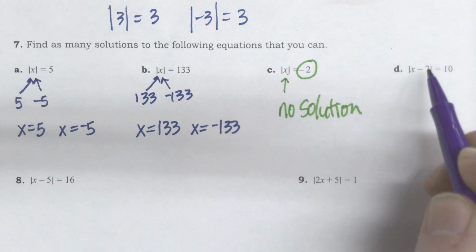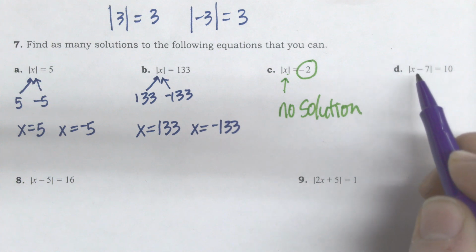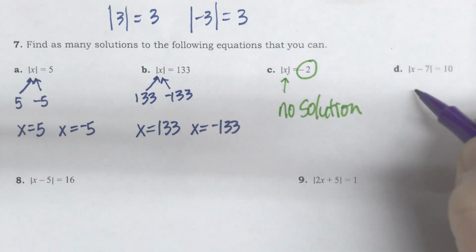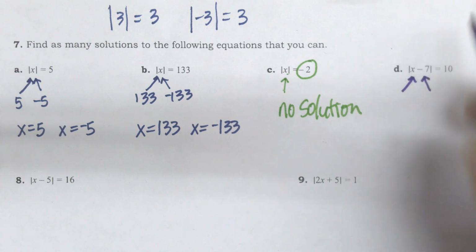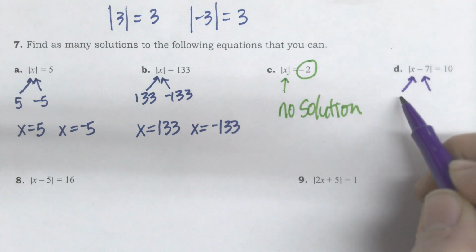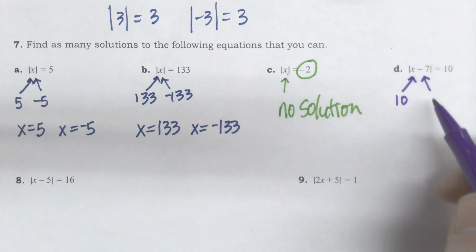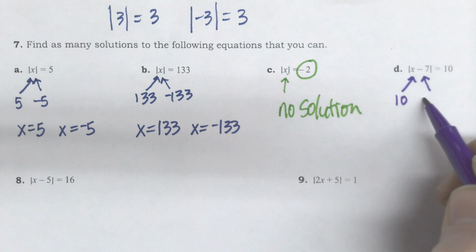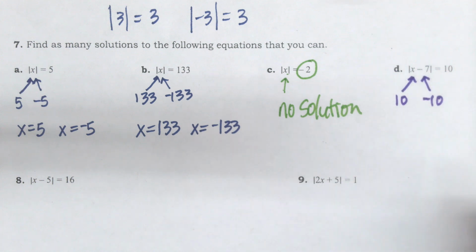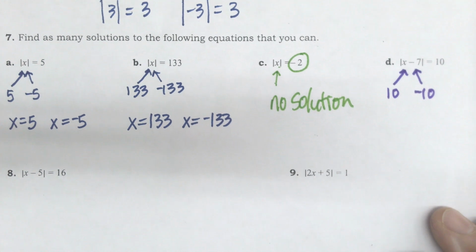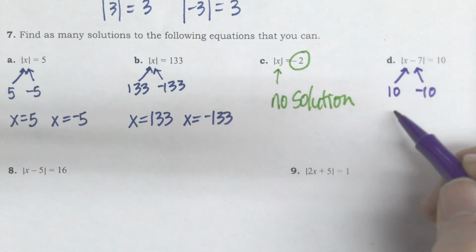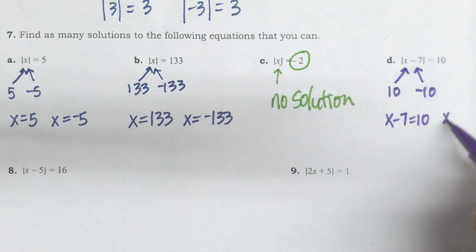I get what you're thinking, but I have to be careful: either x minus 7 is +10 or x minus 7 is -10. So I have to set up the two equations.